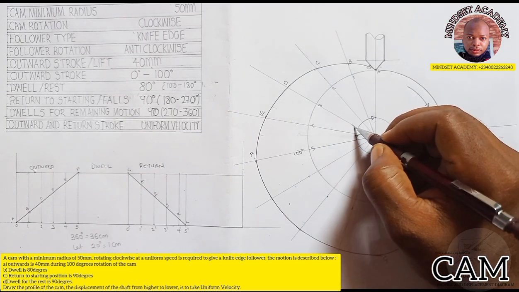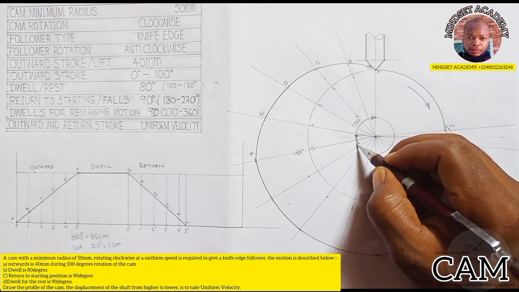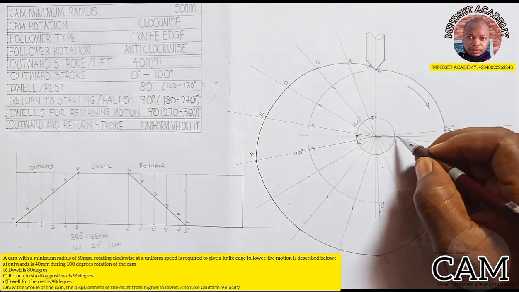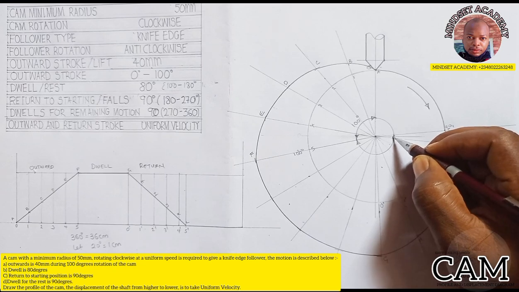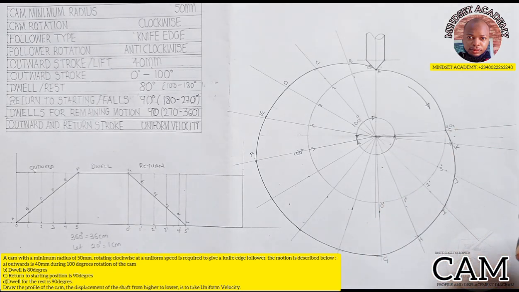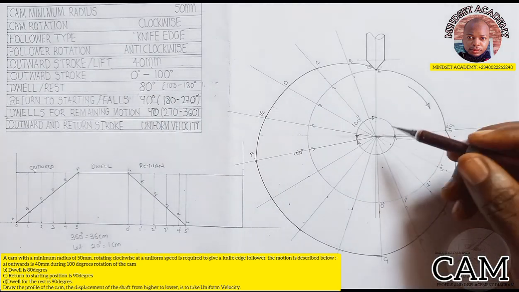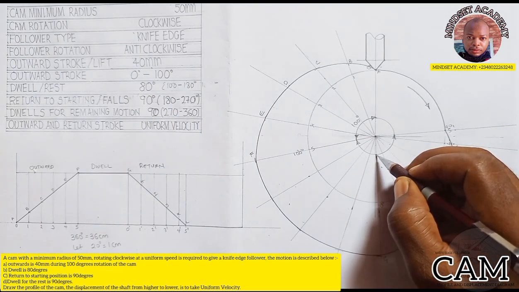is what? 100 degree. Then from this angle here to this point here is what? Is 80 degree. If I am not mistaken. To this point here, sorry.